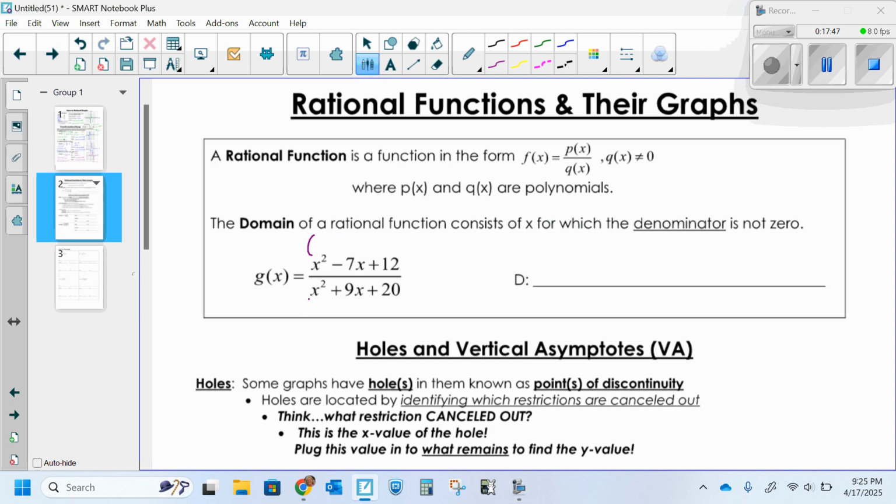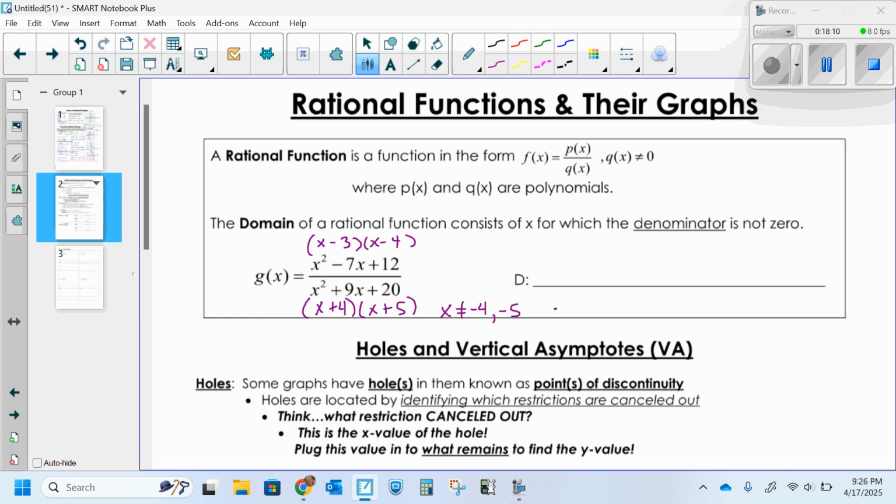So let's figure out what our restrictions are for this problem, and we're going to factor. This is x minus 3, x minus 4 over x plus 4, x plus 5. So from what we learned already in this unit, we already know that x cannot be -4 or -5.